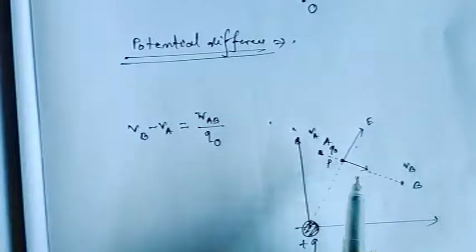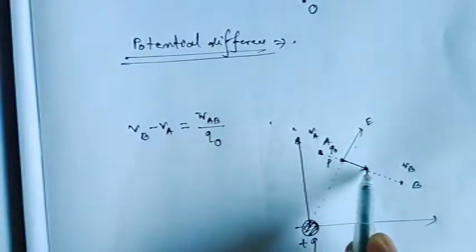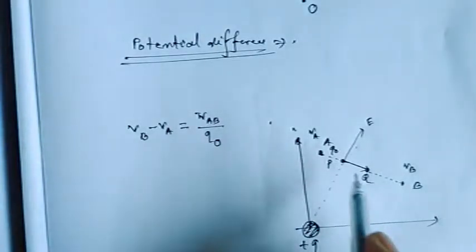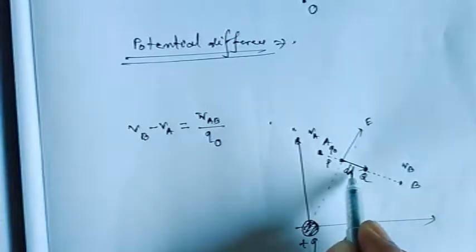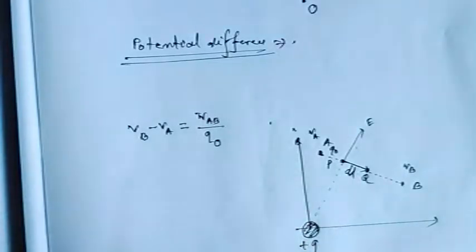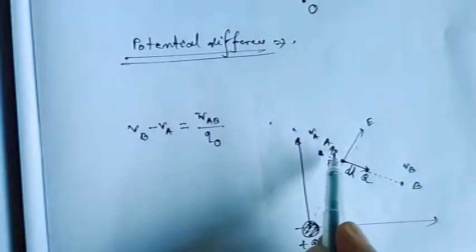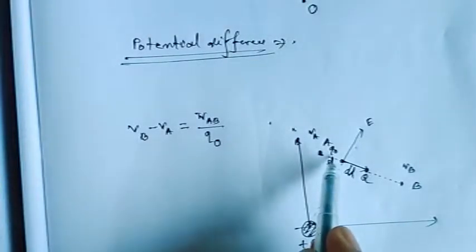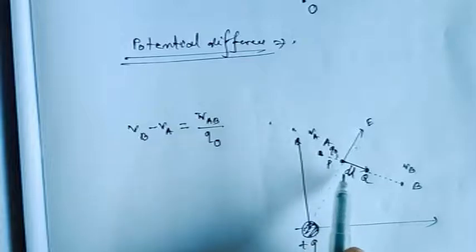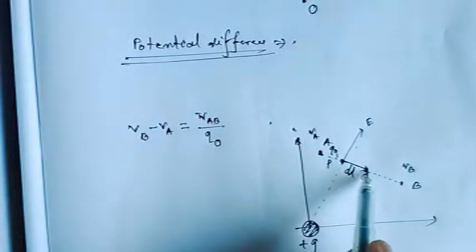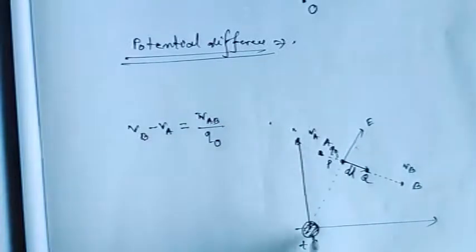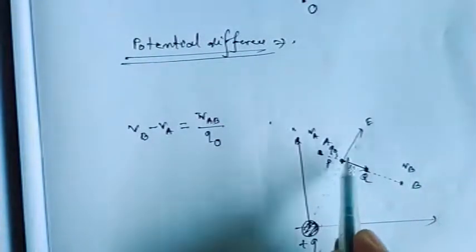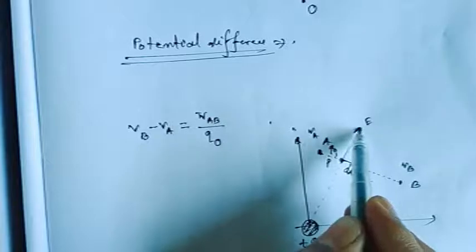Let us consider this point as capital Q and this distance is dl. Now if anyone wants to move this Q naught charge from point P to point Q, then one force will be experienced by this charge, directed along the electric field.